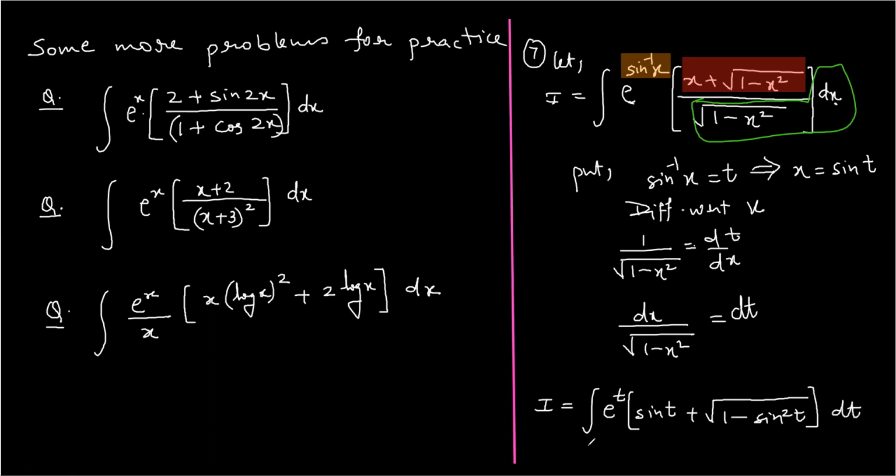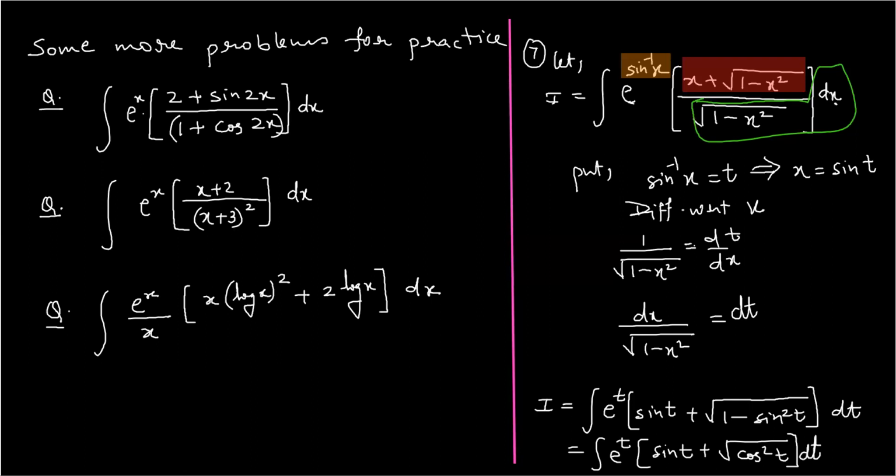Okay, so I got here e raised to t, I'm sorry, this is e raised to t into sine t plus root of 1 minus sine square t. 1 minus sine square t is cos square t, and then dt.